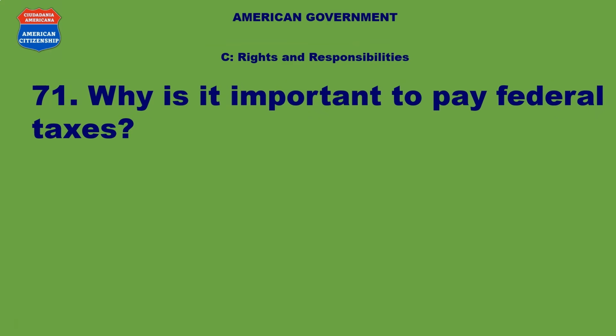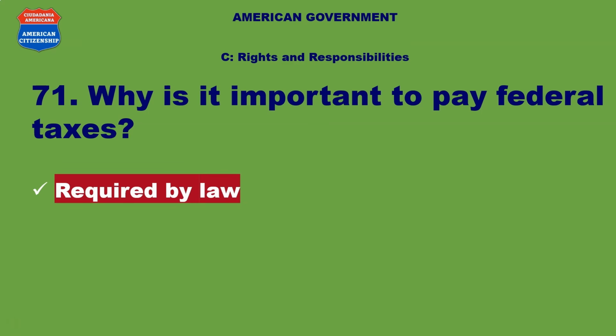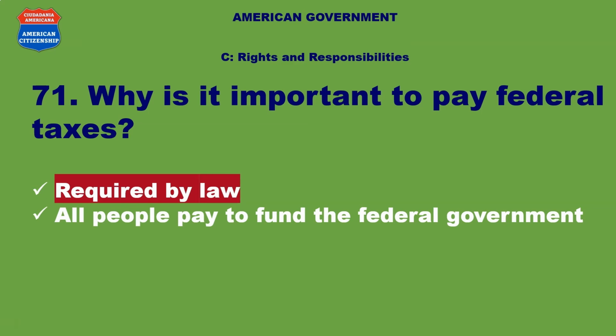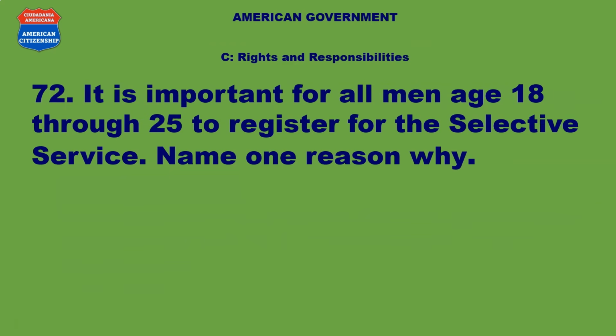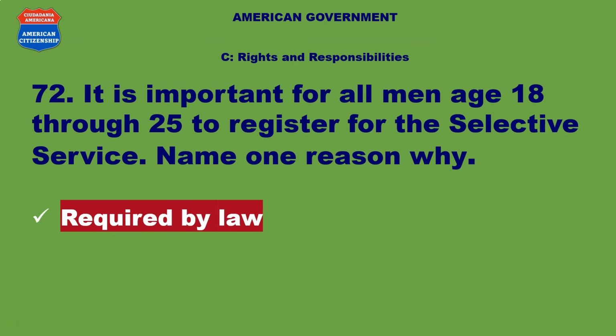Why is it important to pay federal taxes? Required by law. It is important for all men aged 18 through 25 to register for the Selective Service. Name one reason why. Required by law.